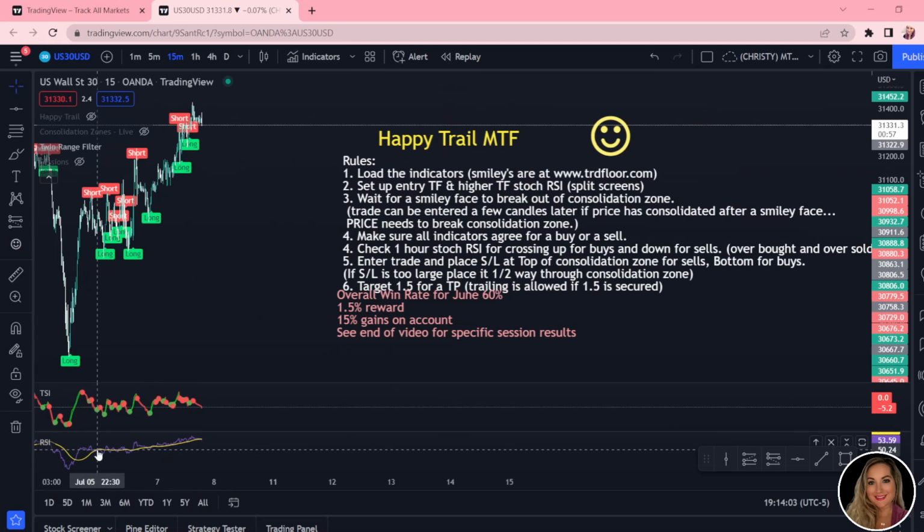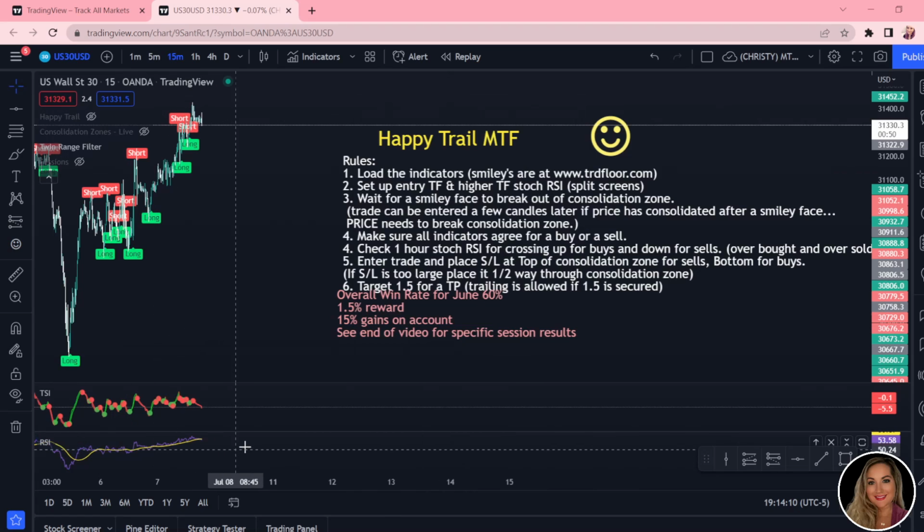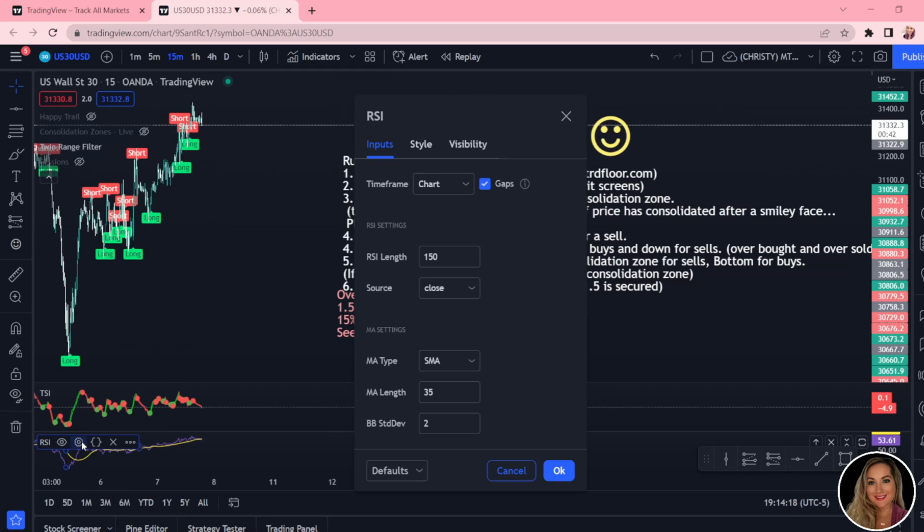Another indicator you will need for that version is the RSI, and then I will show you guys some of the settings here to get the RSI to have the moving average in it. If you don't know how to do that, I will link a video here in the right hand corner, and it will explain how to do that.